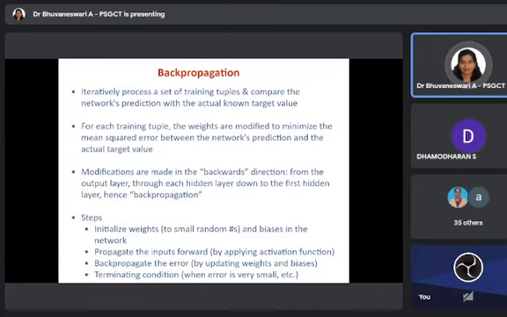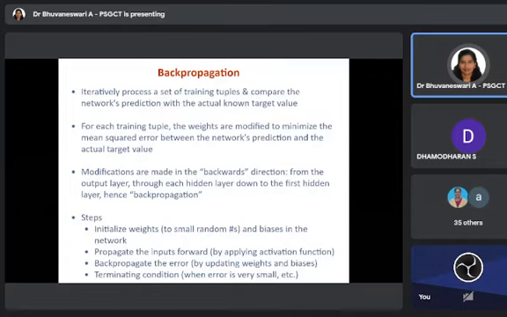This algorithm checks whether the generated output is closer or almost the same as the predicted value. So what does it do?